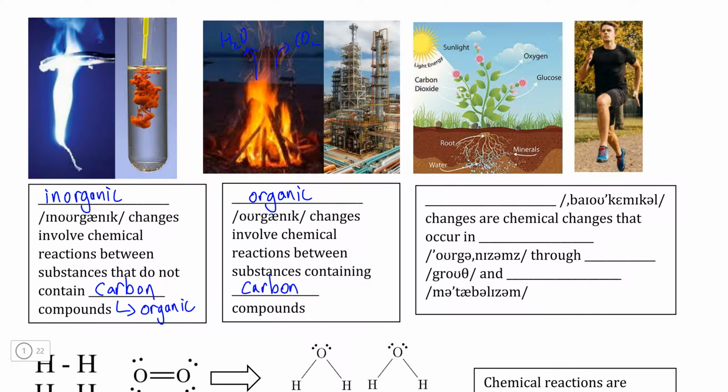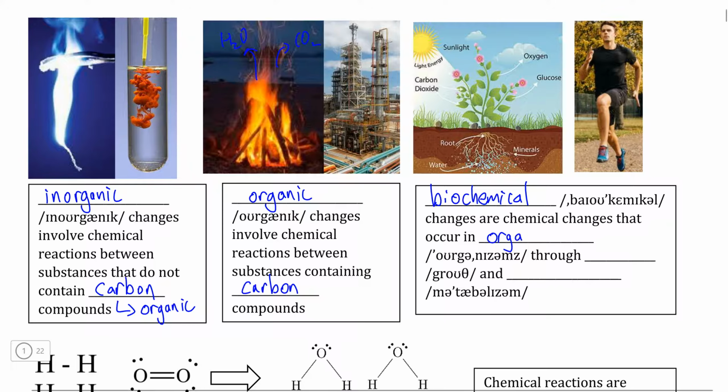Now, a subset of organic chemical reactions that we won't really study in this course because they usually fall under the domain of biology are what we call the biochemical reactions. These are organic reactions because, again, they all involve carbon-based substances.